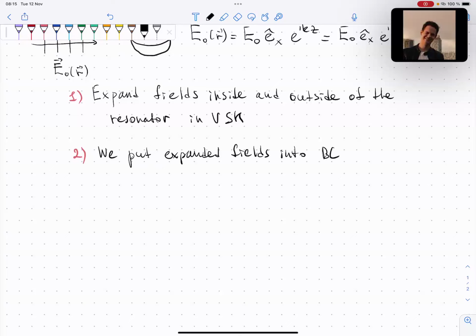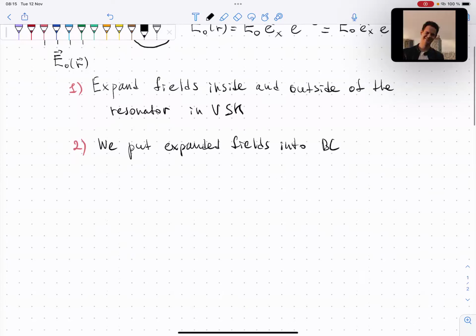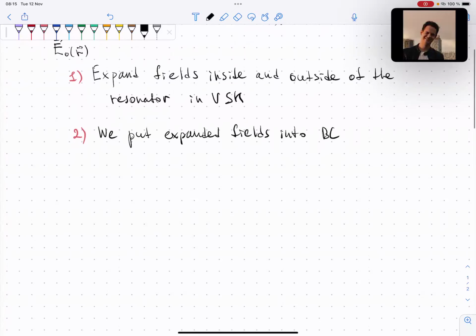The boundary conditions are just usual, so you have continuity of tangential components. In this case, tangential components are phi and theta. And same for H.